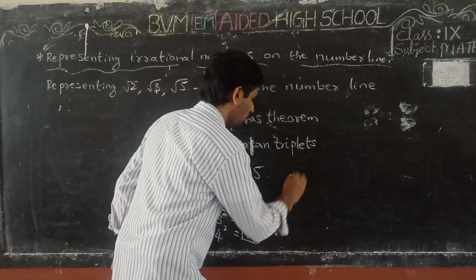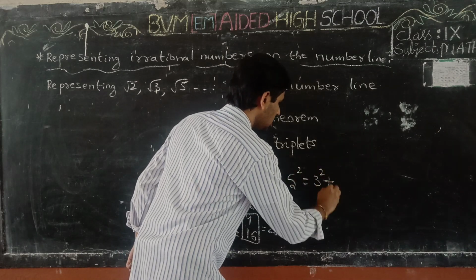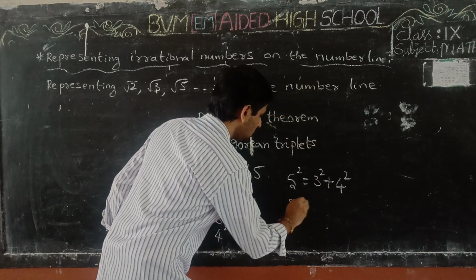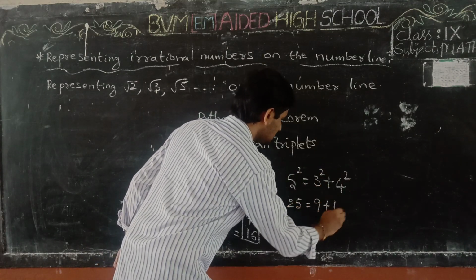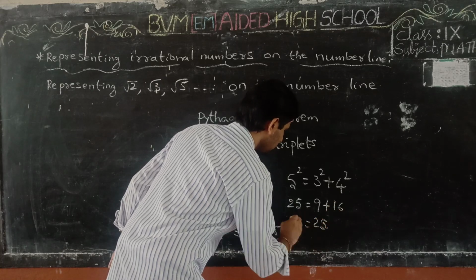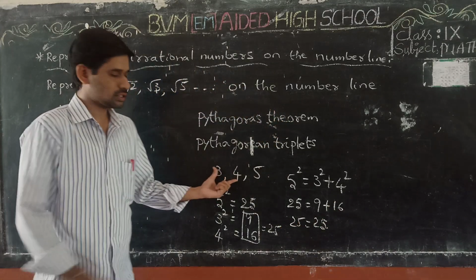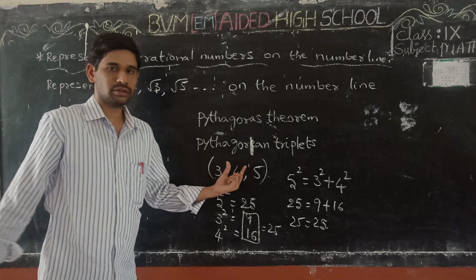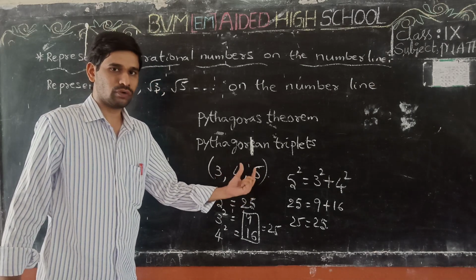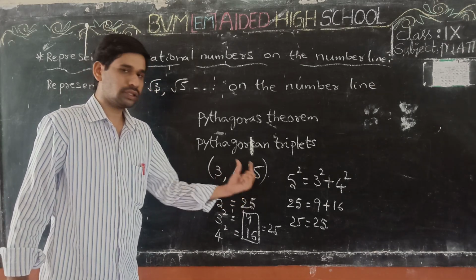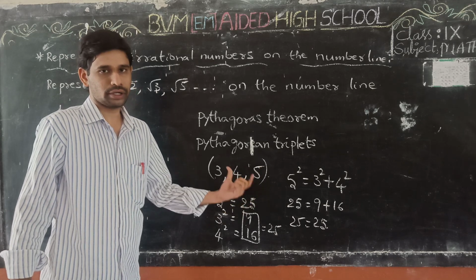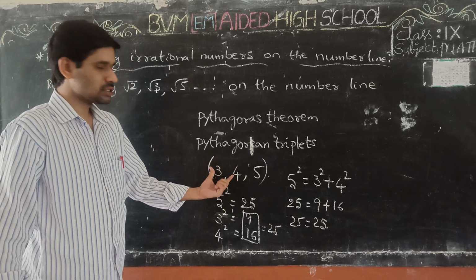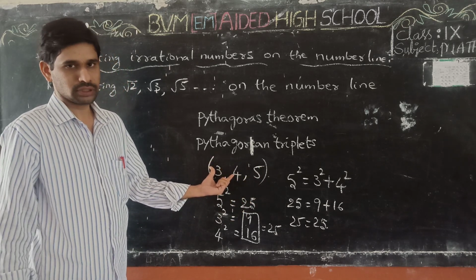That means 5 square equals 3 square plus 4 square. 25 equals 9 plus 16. That is also 25. So if you take three numbers where the square of the bigger number is equal to the sum of the squares of the other two numbers, those are called Pythagorean triplets. Like this we can take so many examples.